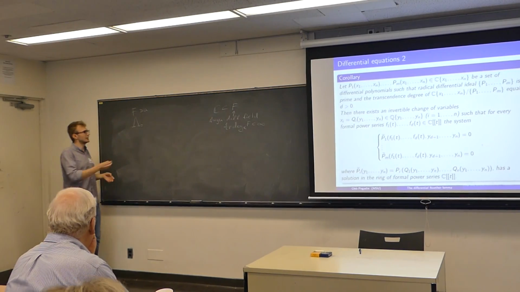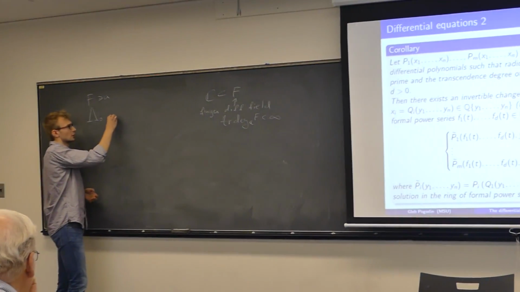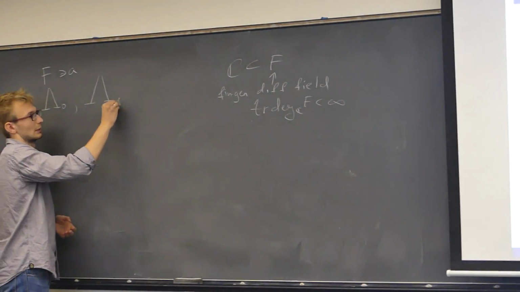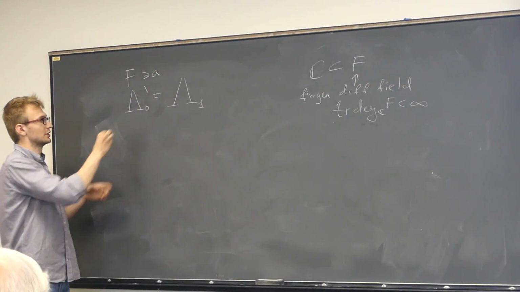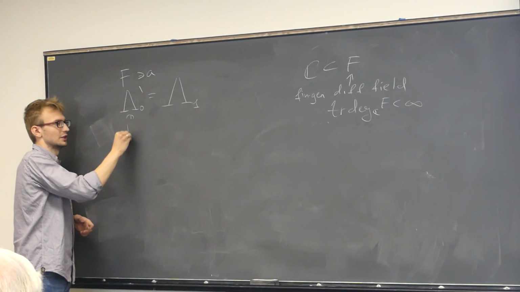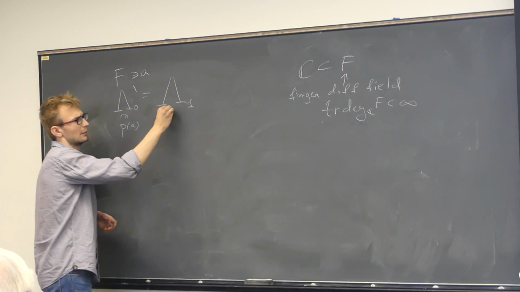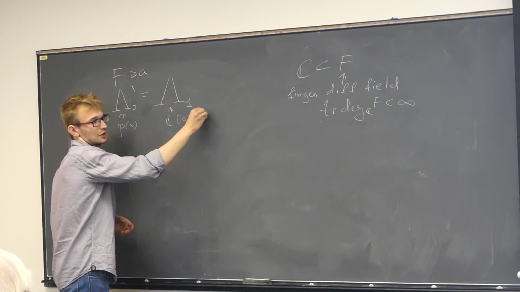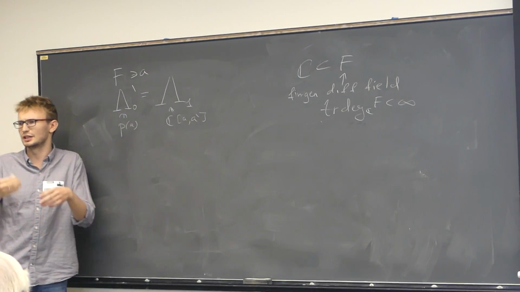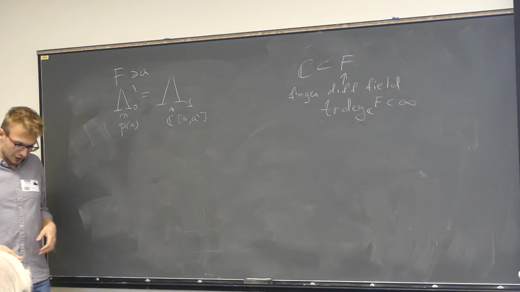Of course, I can call its derivation, for example, lambda 1. In my mind, it is a polynomial of A, and this is some polynomial of A and A prime. It's linear in A prime, of course, but then I differentiate more.